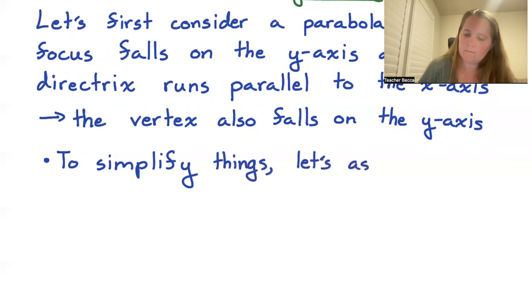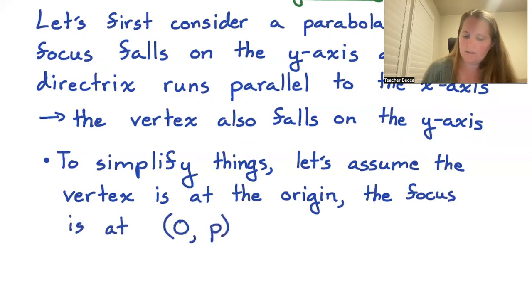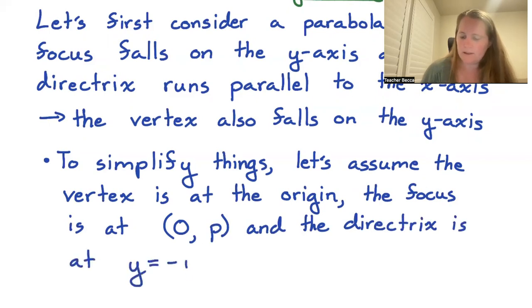So the vertex is at the origin, the focus is at the point 0, P, and the directrix is at, therefore, y equals -P.